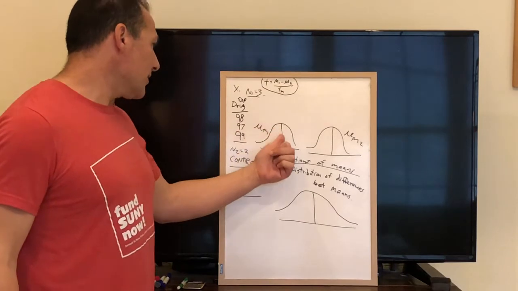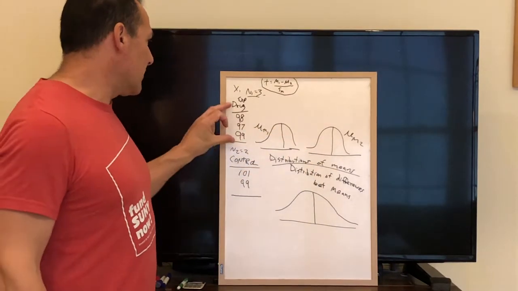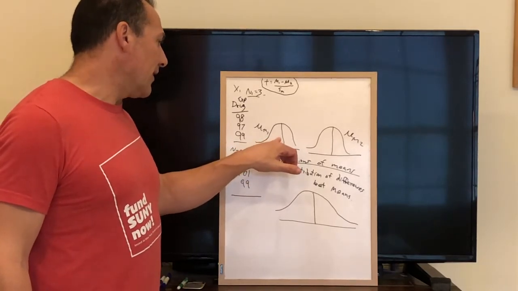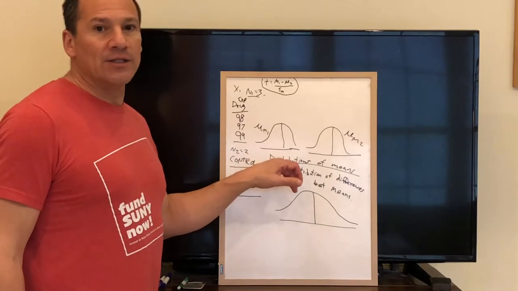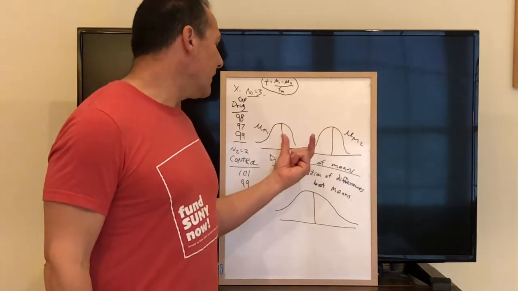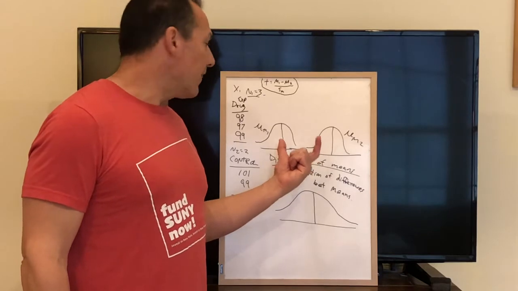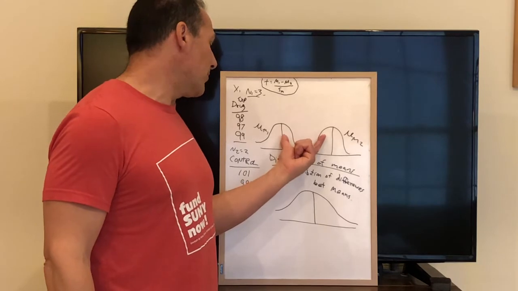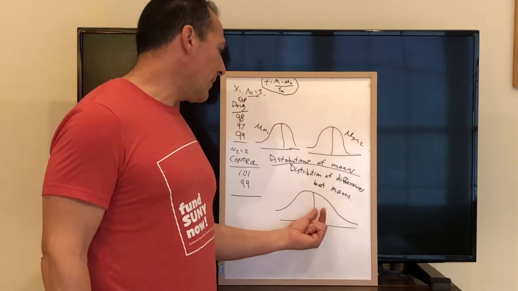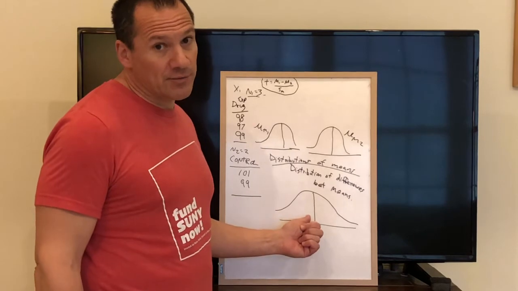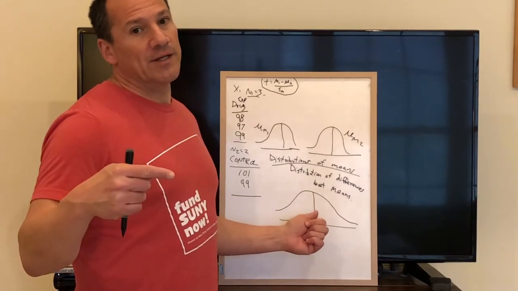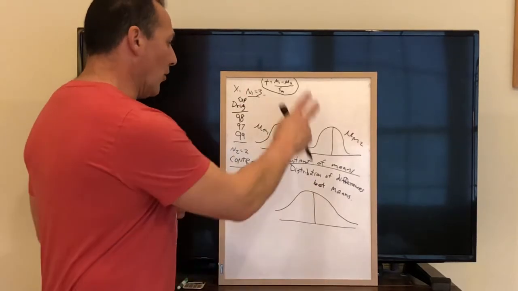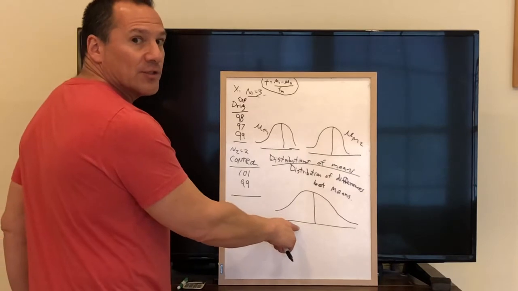Since these distributions of means are based on samples that have different n's, you're going to have different standard deviations for each of them. The variance, which is related to the standard deviation of both of these distributions, feeds into information about the variance of our comparison distribution, which feeds directly into the standard deviation of our comparison distribution.